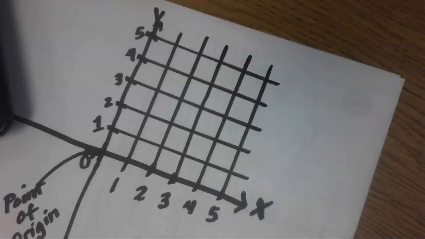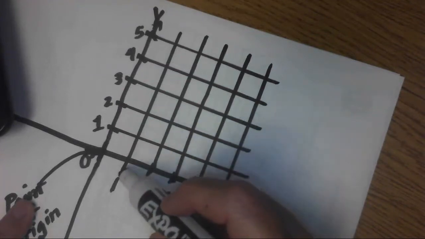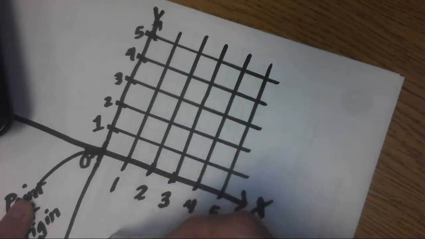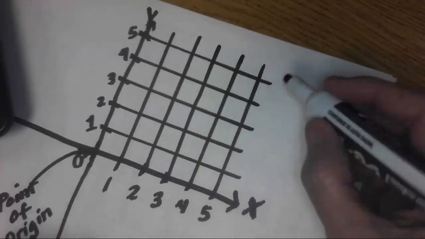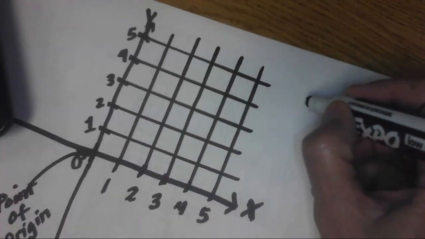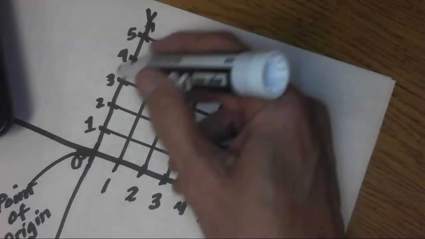Okay, I finished my coordinate grid. It's important to note that these lines I have just drawn actually extend down below here. But in 5th grade, we only work with the top right-hand corner of the coordinate plane.